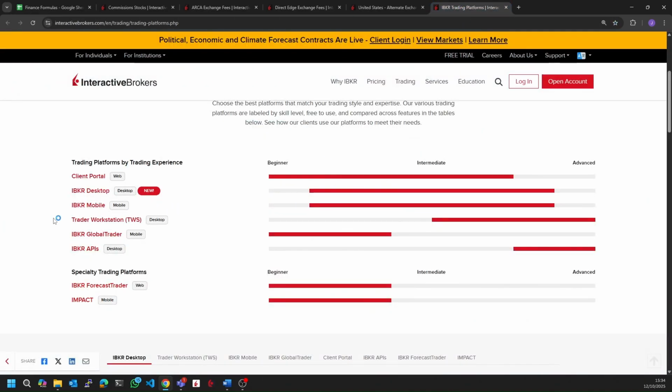depending on the trading platform, this is actually a chart of Interactive Brokers trading platforms. Whatever is here in advanced, so more tending to advanced, here in advanced trading tools, you can fine-tune your orders and make it a little bit more complicated.